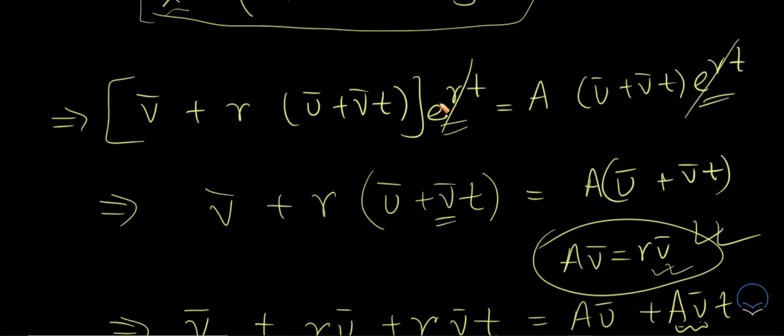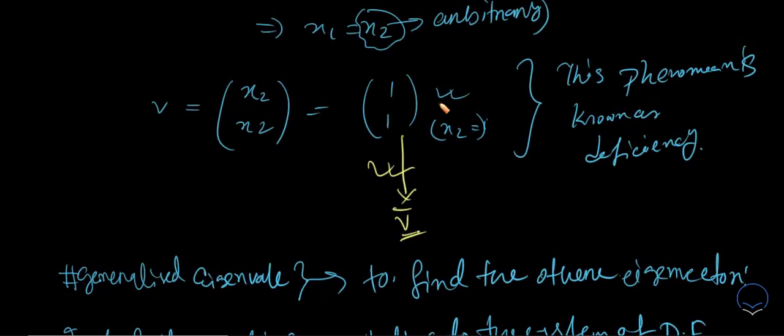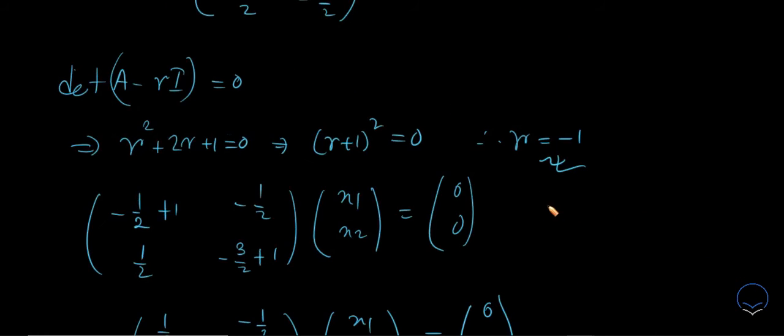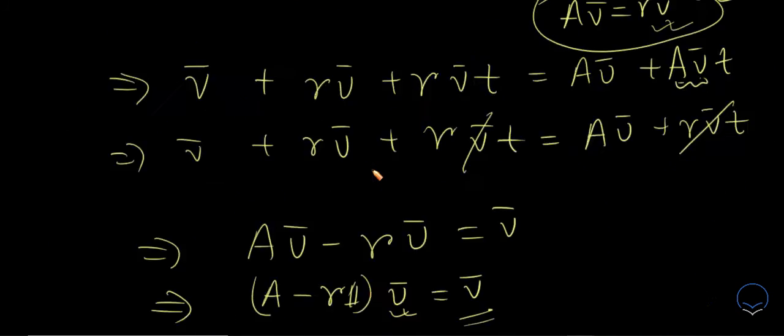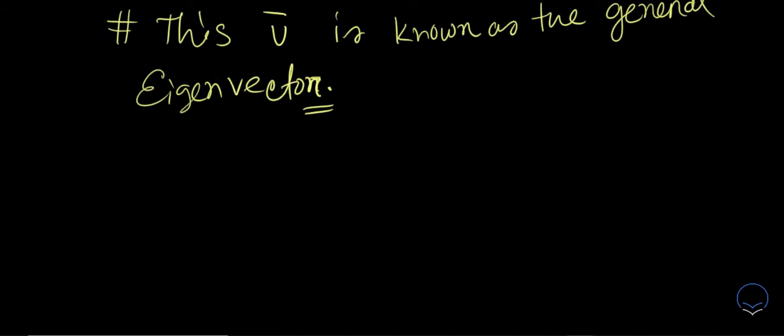So again, let me just remind you what v bar was. So v bar was this one thing over here. Our eigenvalue, that is r, was -1, and this was our coefficient matrix, right? So let's try to solve them. Let me switch to another color. So now we want to solve for u.